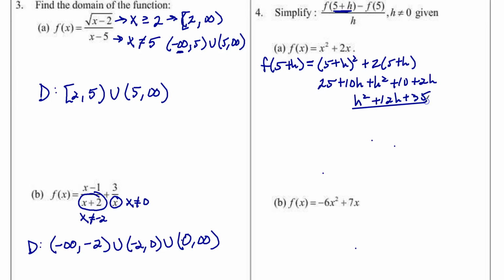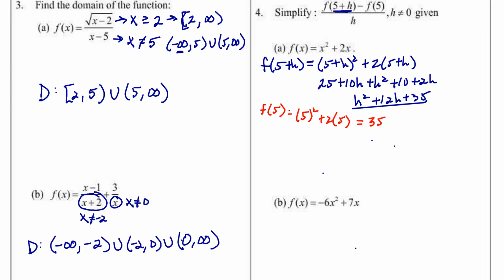Okay, so that's the first part. Then I'm going to find f of 5, which is just going to be 5 squared plus 2 times 5, which is going to be 25 plus 10, which is 35.